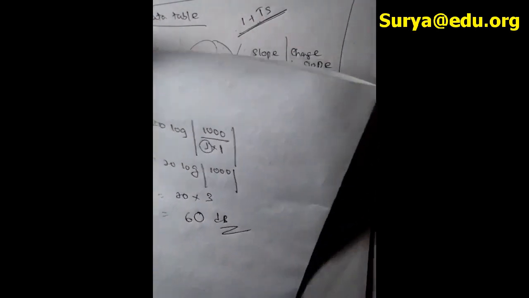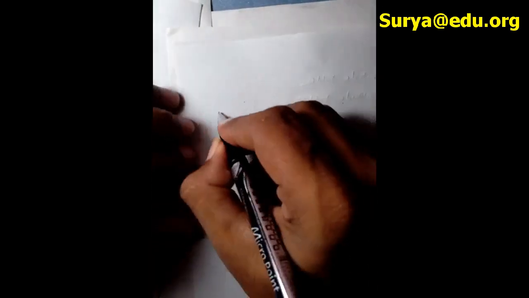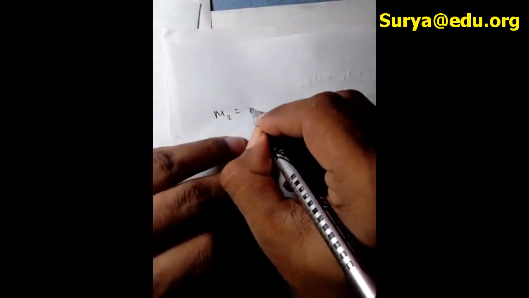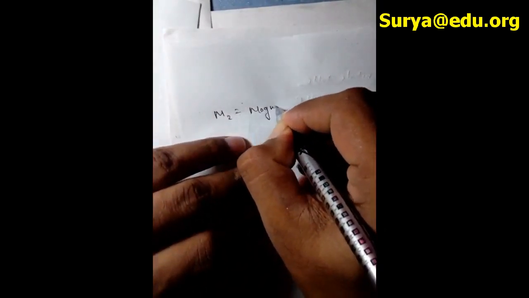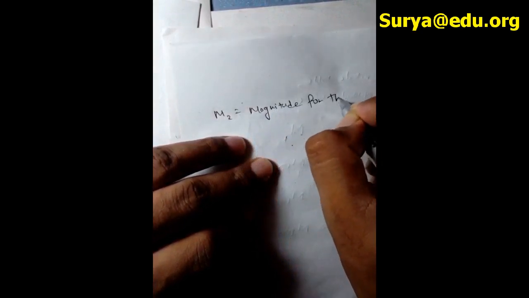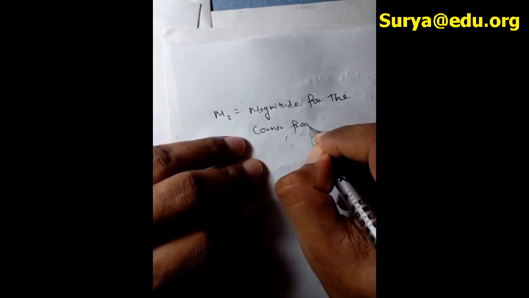Now, what is the next thing we have to find? The next thing we need to find is another such magnitude. Now we need to find M2. What is M2? That is the magnitude for the corner frequency.